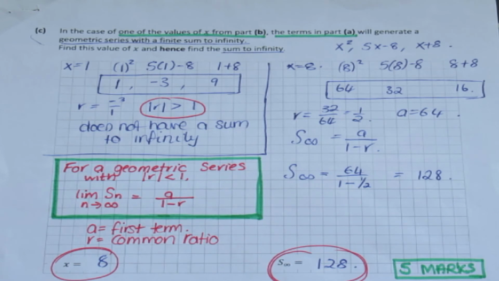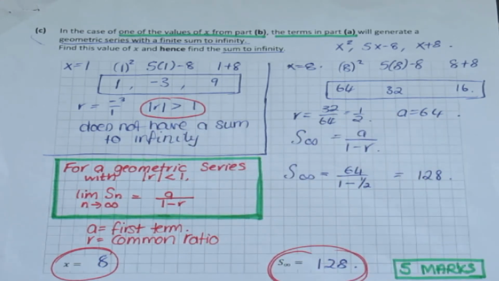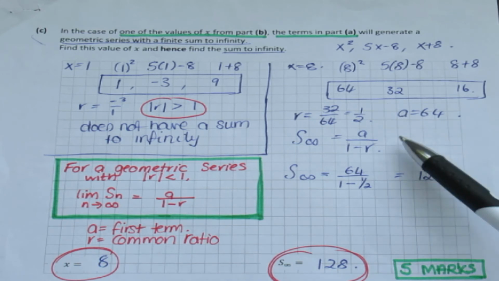I calculated the r in each one, which we call the common ratio, which is T2 over T1. In order for our geometric series to have a finite sum to infinity, we take the modulus, or the positive version, of the common ratio. In this case it would have been 3, which is greater than 1. This particular sequence does not have a sum to infinity. We literally ignore the x equals 1 situation and we focus on this one here.